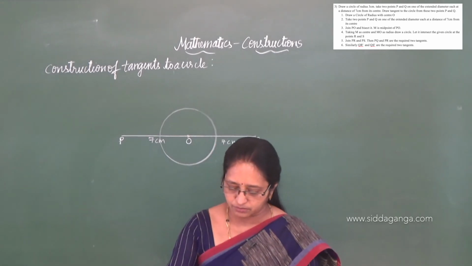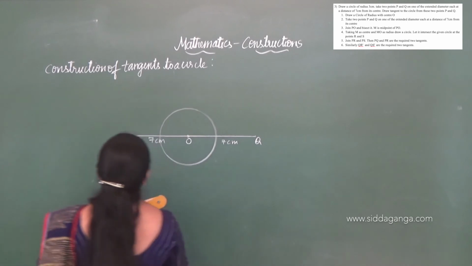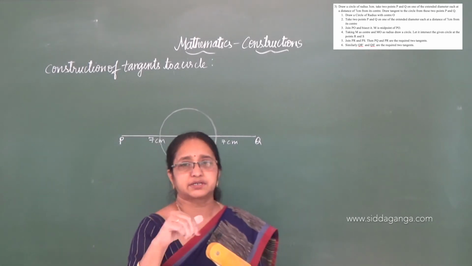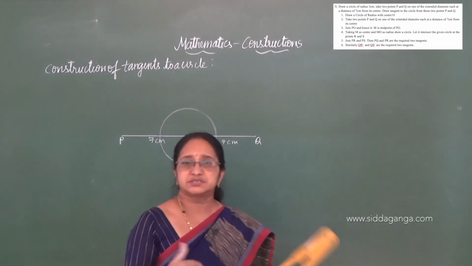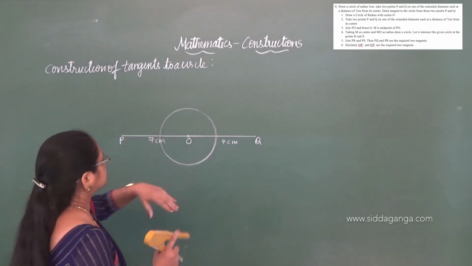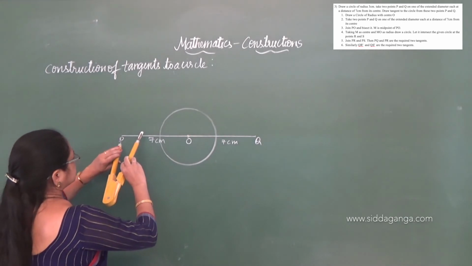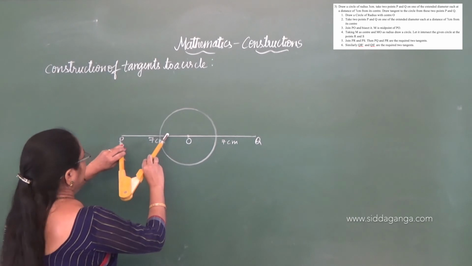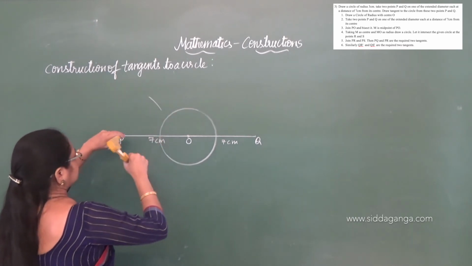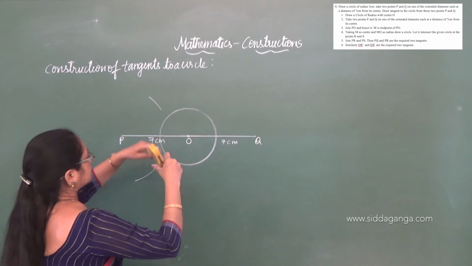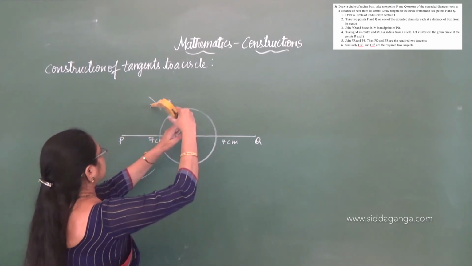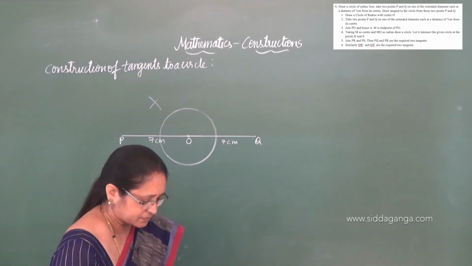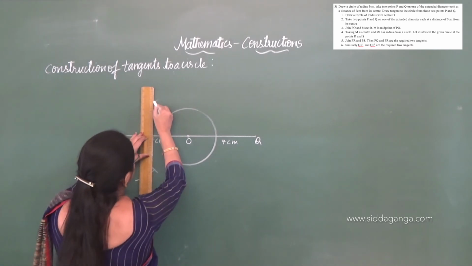PQ. Okay. Now, the same thing that I did for one circle, the first one, the same way you have to do for the 2 circles here. First I will draw a perpendicular line here, taking more than half, then I will draw an arc like this, cut that arc, then I will join this line.